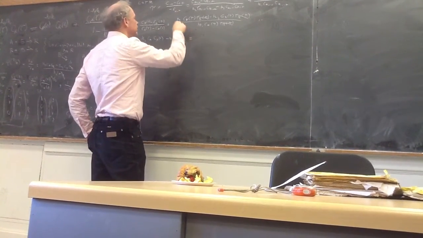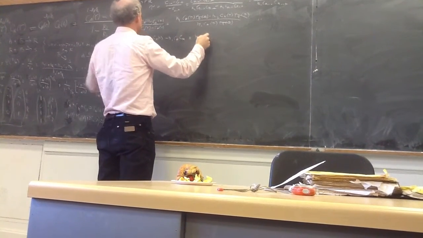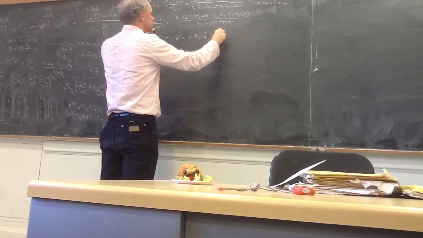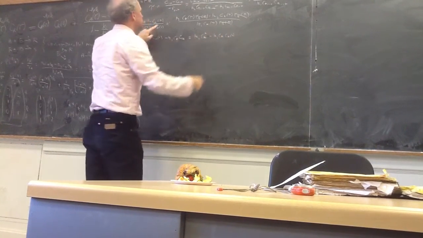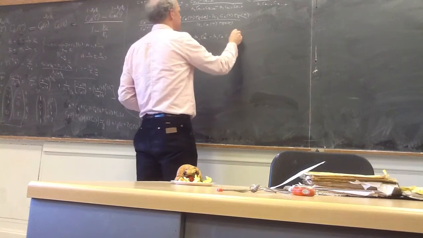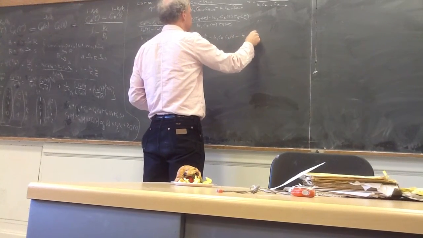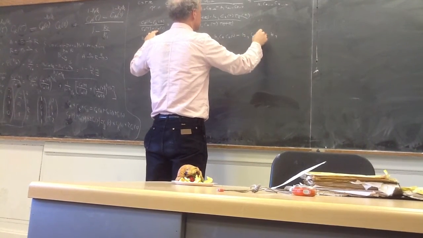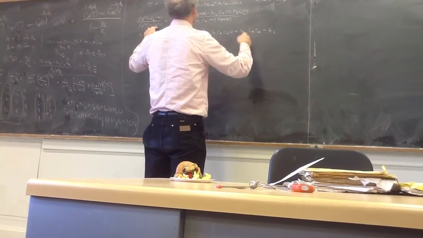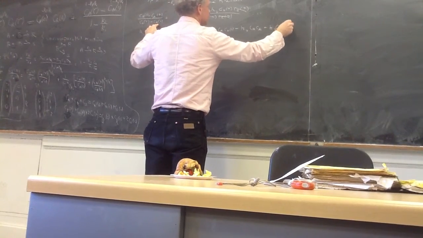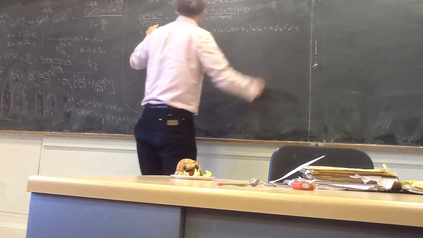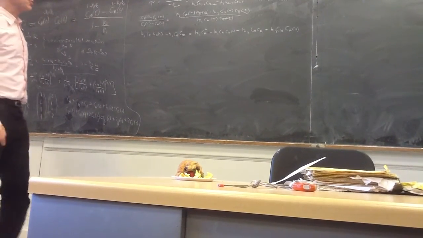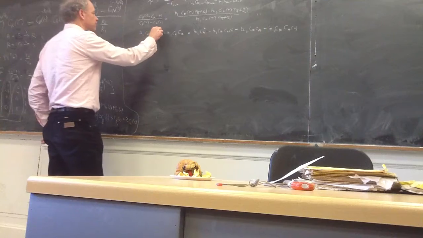And that's equal to K1 CA squared minus K1 CA CA of 0, times this. Minus K2 CR CA plus K2 CR CA of 0. So all I've done is I've multiplied out the denominators. And now let's get the CRs on one side of the equation and solve for them.